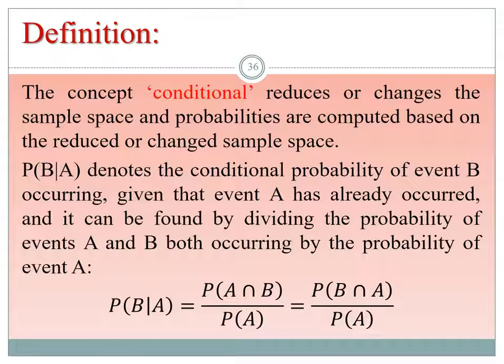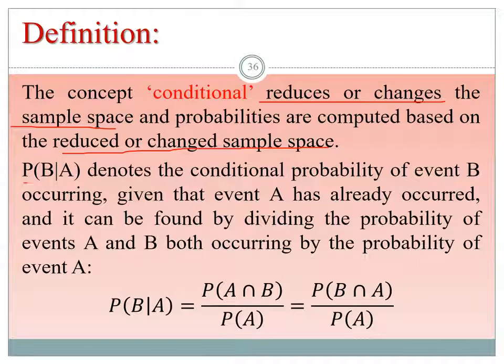Alright, first we are going to discuss the definition of conditional probability. The concept of conditioning reduces or changes the sample space, and probabilities are computed based on the reduced or changed sample space.